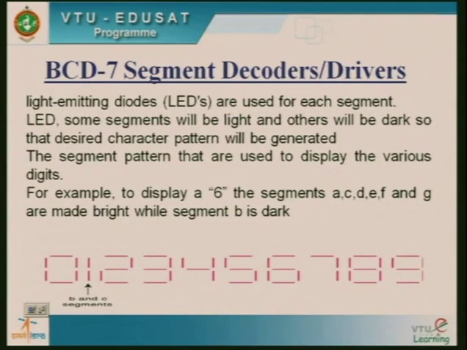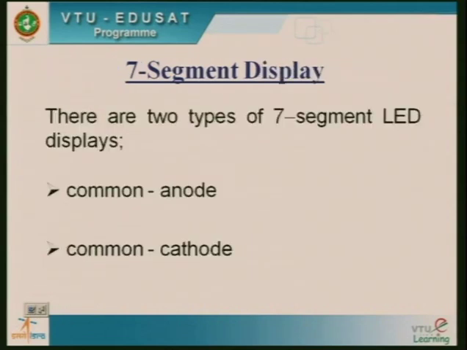This LED can be turned on or off by a particular configuration. We have 2 configurations, common anode and common cathode. In common anode configuration, we connect all anodes of the LEDs together to the positive terminal, that is VCC. All cathodes are connected to the particular segments A, B, C, D, E, F, G.